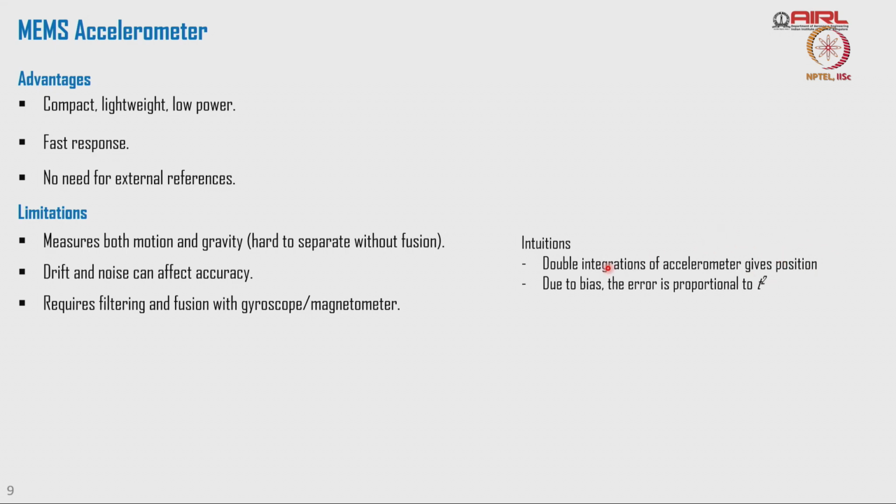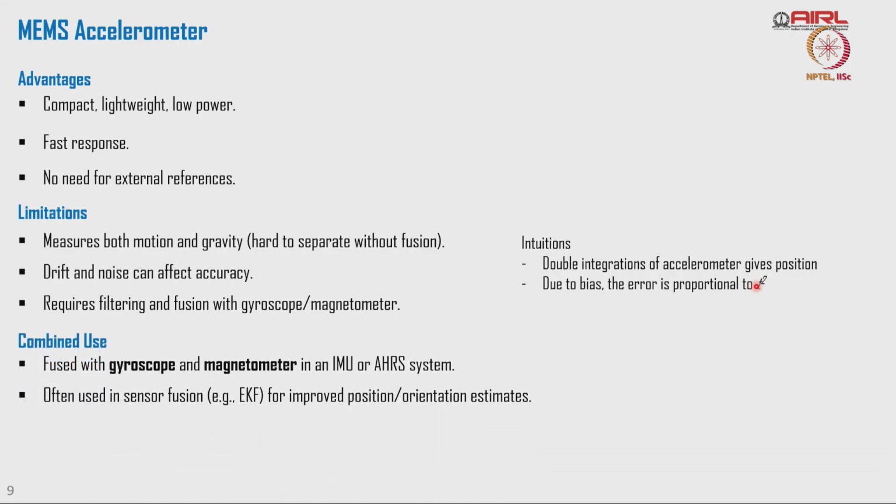If the initial position has an error, and due to the bias which is present in the sensor also, over a period of time the positional error will keep increasing, proportional to time square, t square. So, this requires some kind of fusion to minimize the drift, right.